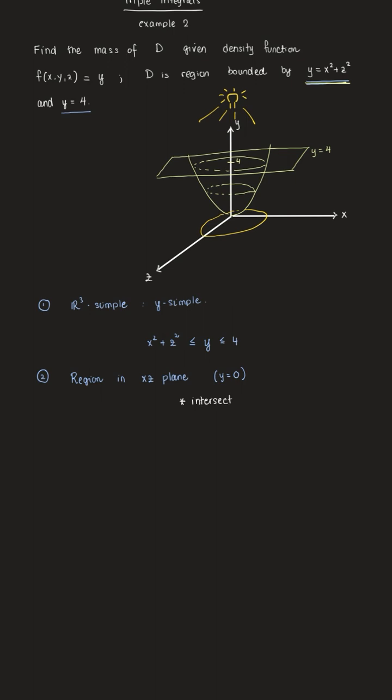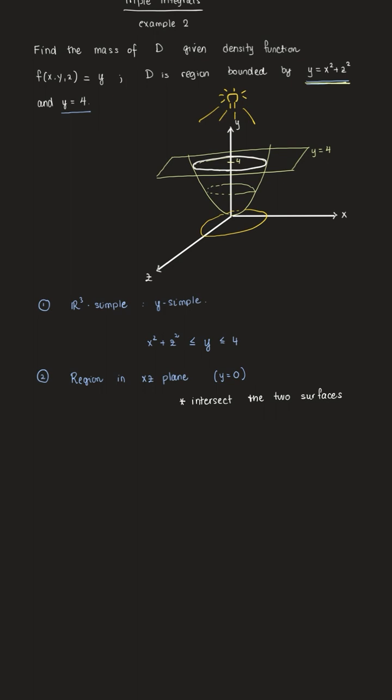So intersect the two surfaces, you can see that the intersection is going to give us a circle at the altitude of y equals 4, and then we can look down onto the xz plane and project it down.